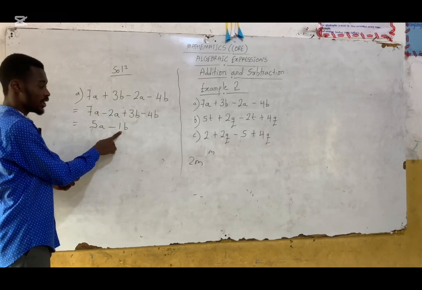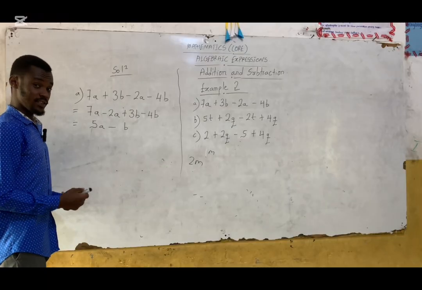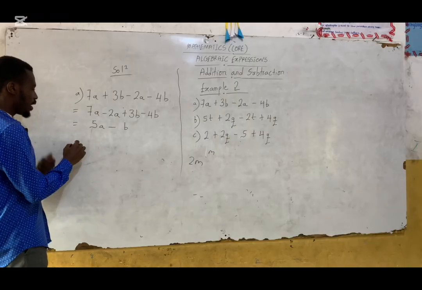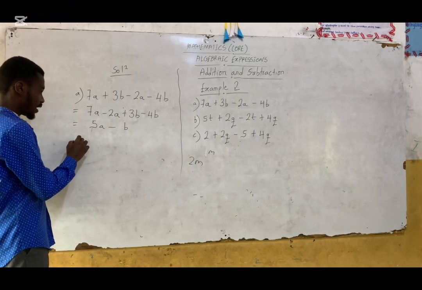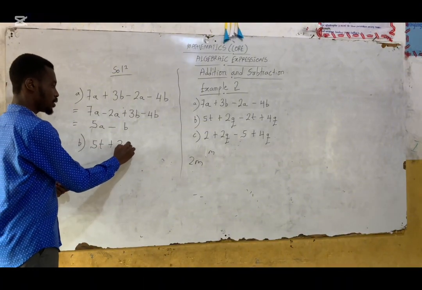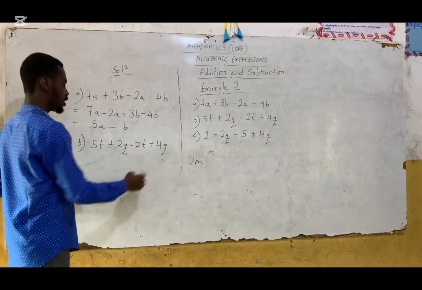So the same thing here. 1 banana. If I do this, it is still 1 banana. Are you okay? Alright, that is the answer because you can't simplify further. Let's go to the second one, that is B. We have 5t plus 2q minus 2t plus 4q.